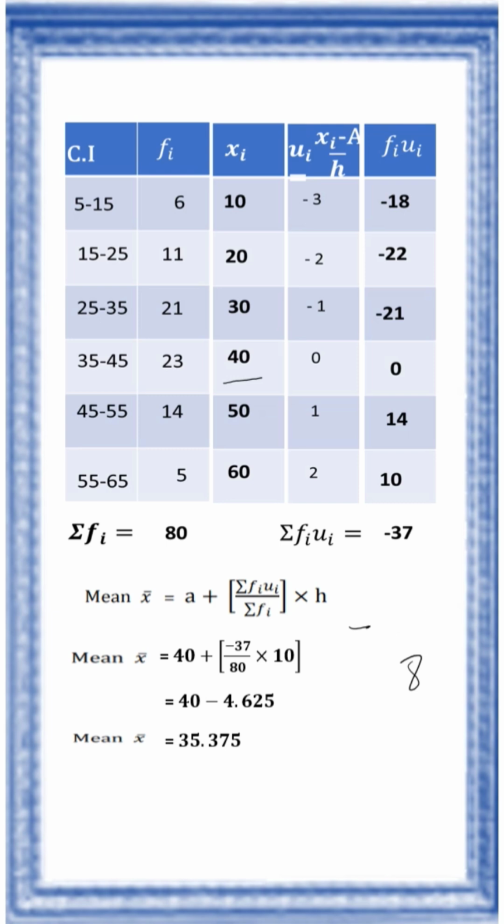You are very shrewd in solving such problems, isn't it? 40 minus 4.625 is equal to 35.375. So mean is equal to 35.375.